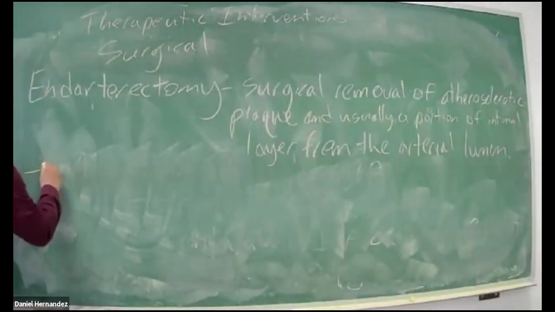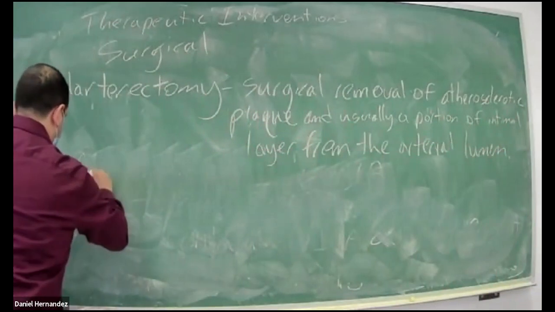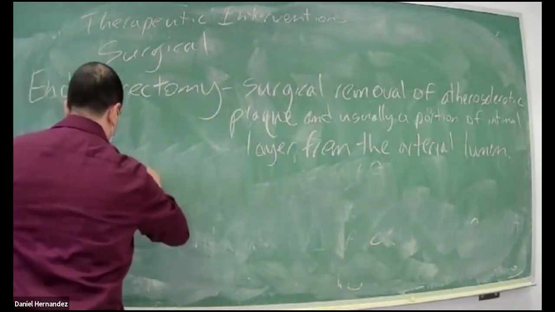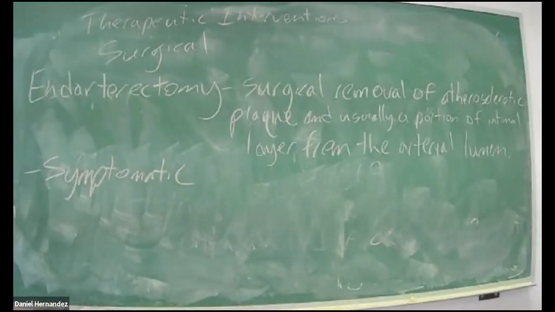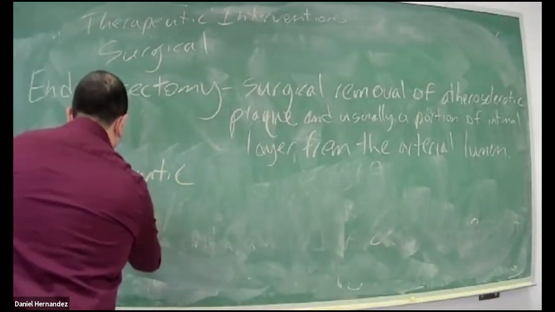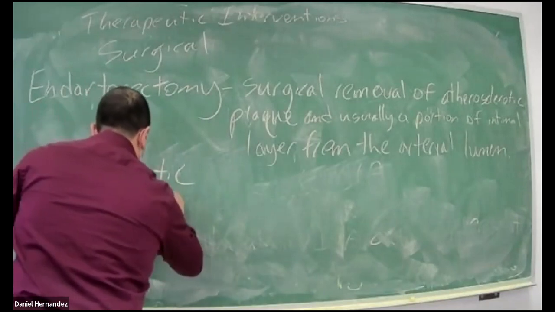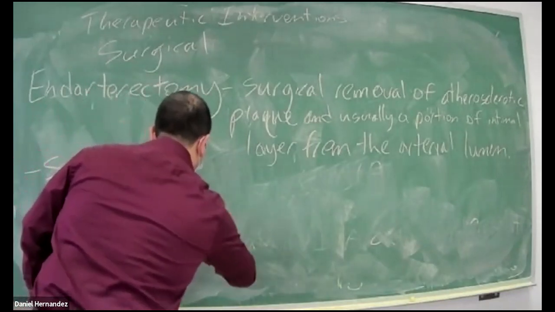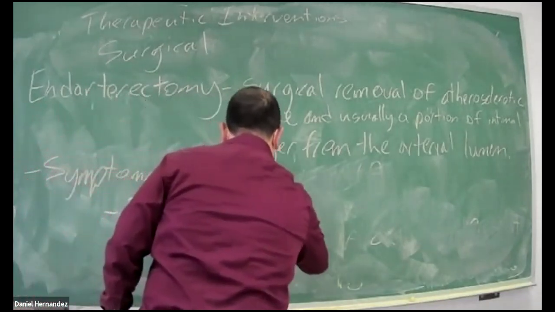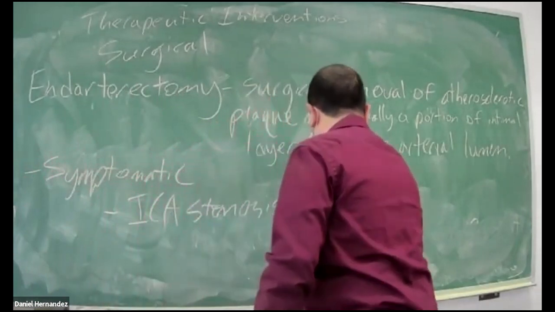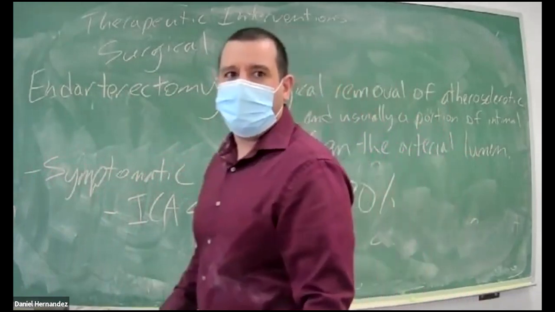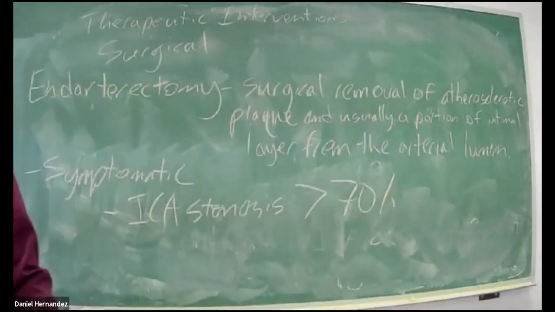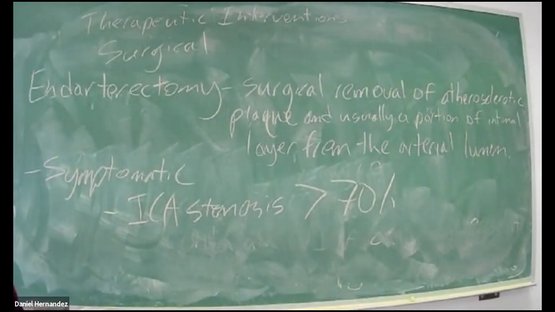So with symptomatic patients, you have an ICA stenosis greater than 70%. It's still significant, still a high-grade stenosis, but the percentage just drops a little bit based on whether or not the patient is symptomatic.